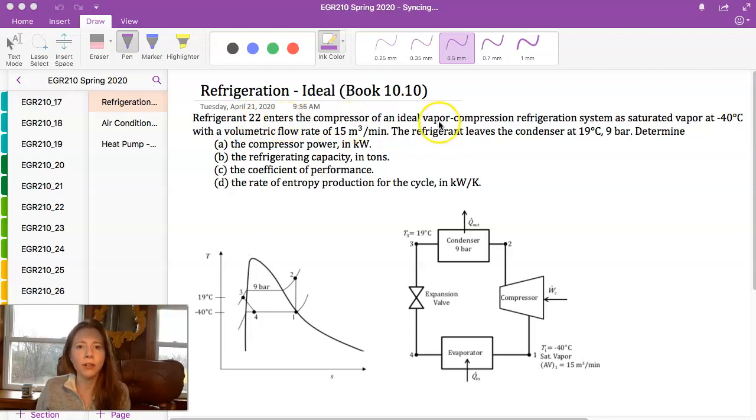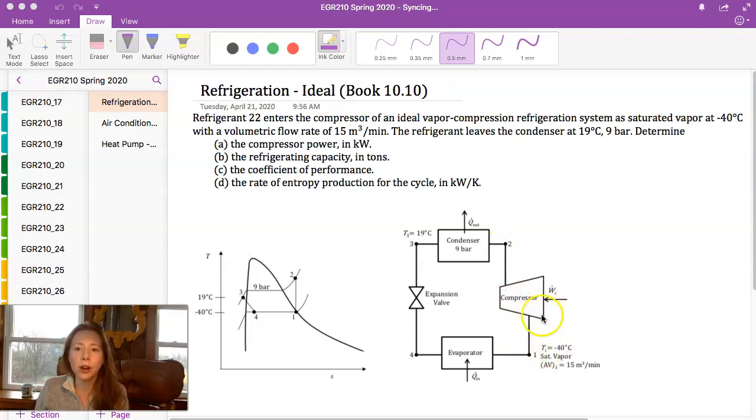Refrigerant 22 enters the compressor of an ideal vapor compression refrigeration system as saturated vapor at minus 40 degrees Celsius. So with the refrigeration cycle here, we're starting by going into the compressor, whereas analogously, in a power cycle or a power plant, we were starting by pushing vapor through a turbine.